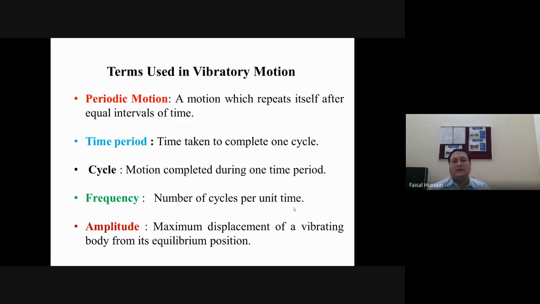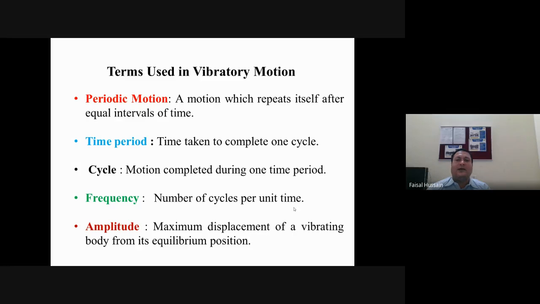Periodic motion means a motion which repeats itself after equal intervals of time. So, after equal intervals of time, the motion is continuously repeating. Such type of motion comes under the category of periodic motion.